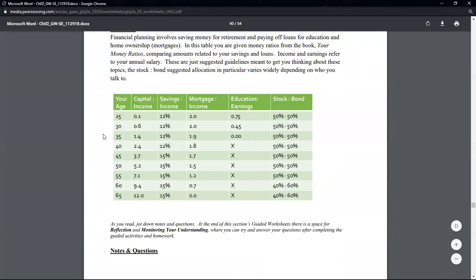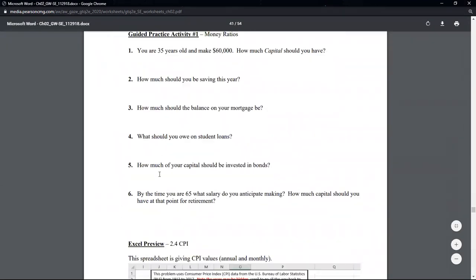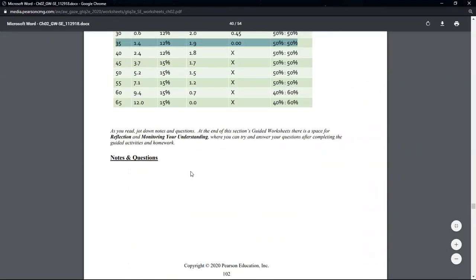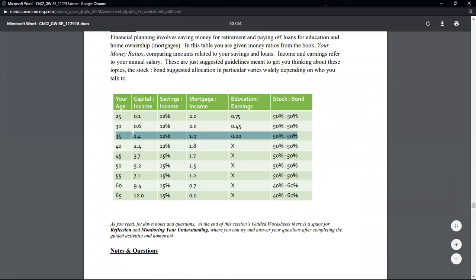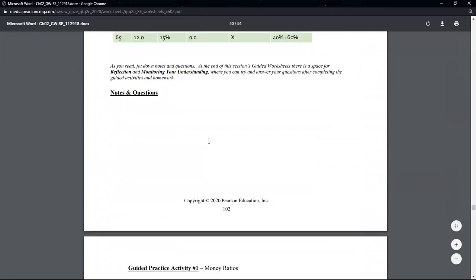So if you go to the 35 row, these are the numbers you're using for all of them. Every single one of these, you're 35 years old, 35 years old, 35 years old for all 6 of them. So they say, how much capital should you have? Well, this is your capital multiplier right here. So that's your K value. So you just take your 60 grand and multiply it by 1.4.